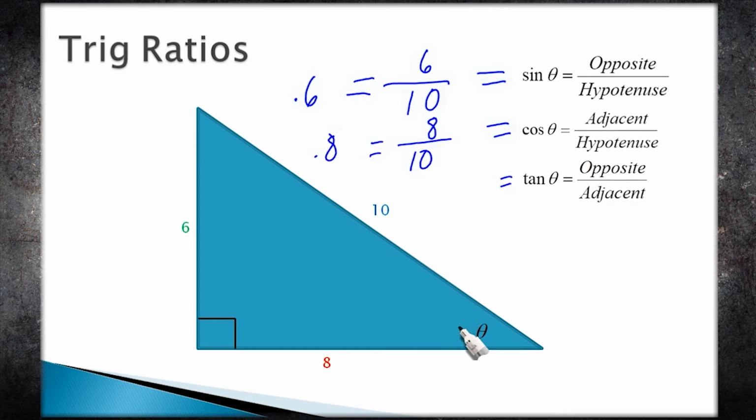Tangent is equal to the opposite side, 6, over the adjacent side, 8. 6/8 reduces down to 3/4, which equals 0.75. Once again, exactly the same as we got with the smaller triangle. Even though the lengths of the sides are different, because angle theta down here stayed the same, the ratio between the sides stayed the same.